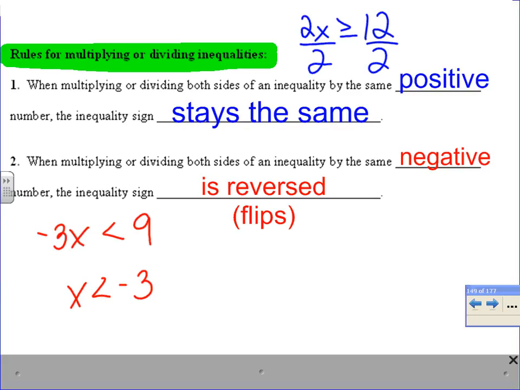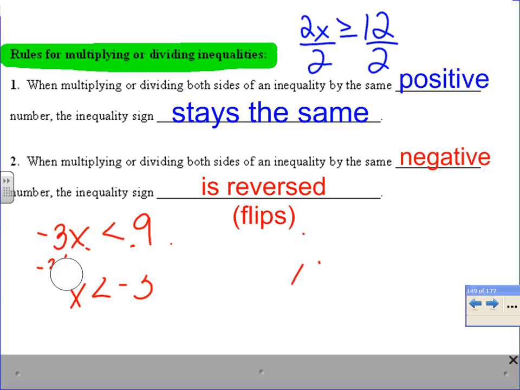Let's pick a number that's less than -3. Let's say we pick -4. Do you agree with me that -4 is less than -3? So if we plug -4 in, is 12 less than 9? No, false.